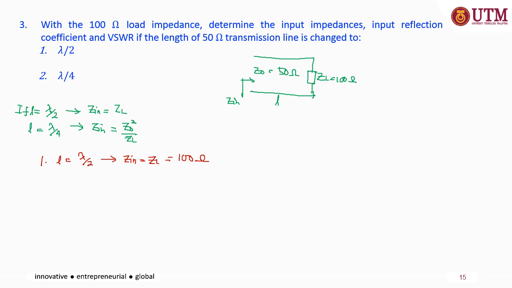Okay, so the input impedance automatically equals 100 ohm since L equal to lambda over 2, so Zin equal to ZL equal to 100 ohm.